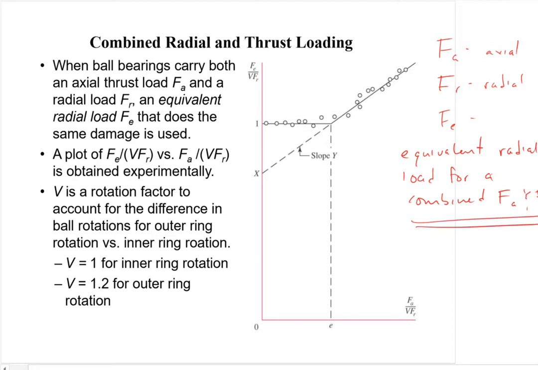So we need to find an equivalent radial load for bearings that have both axial and radial load on them.